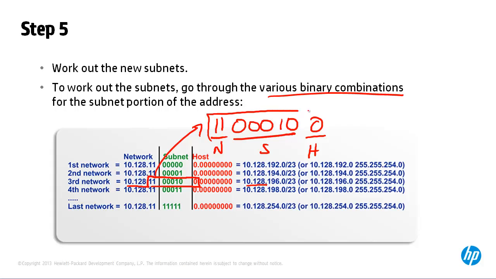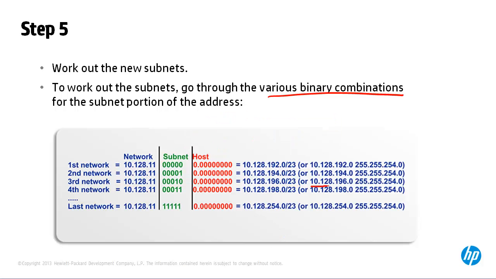But this is a single octet, so you've got to convert it back to decimal as a single octet. So that is 196. So 10.128.196. Last octet is filled with zeros, so 0/23, which can also be written as 10.128.196.0 with mask 255.255.254.0. So let's work out one more.